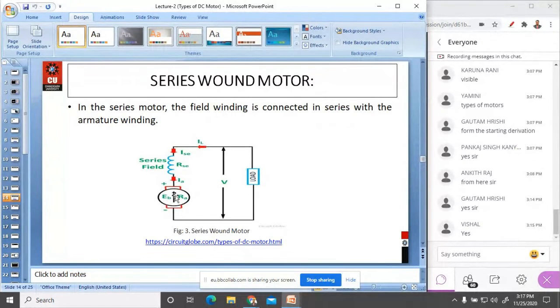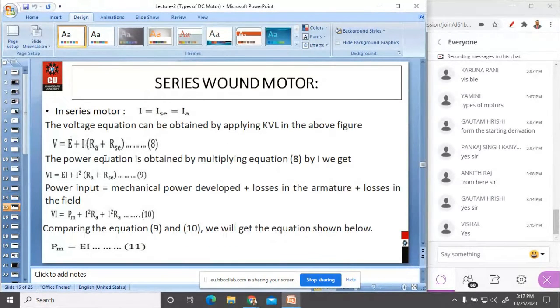What is the EMF value? The EMF value is E. Then we take the notation plus and minus. We take the value for the first resistance, which is available right here, and the second resistance is present right here. So we have taken these values as plus I (RA plus RSC).